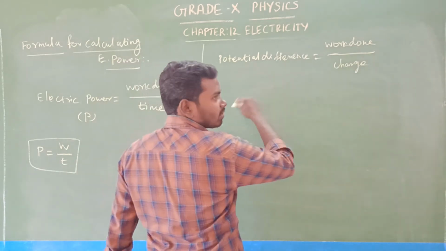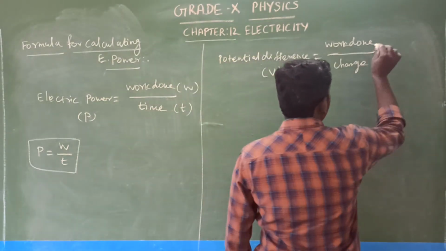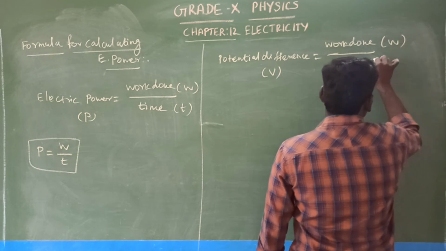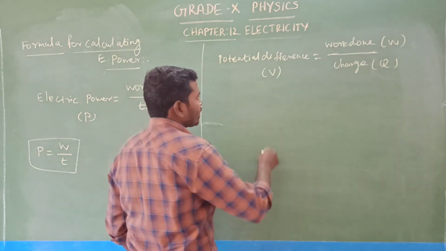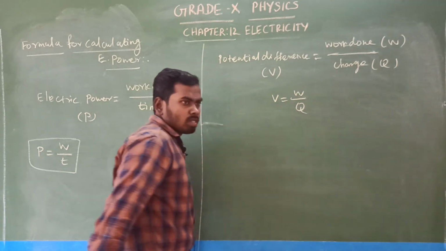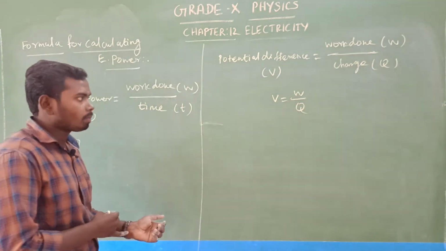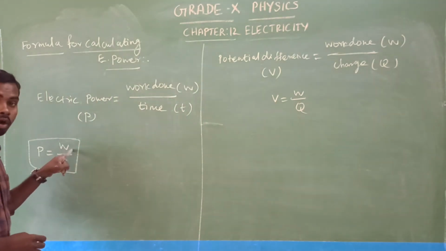So the potential difference is denoted by letter V, the work done W, and charge Q. So we can write V is equal to W divided by Q. We need this work done.